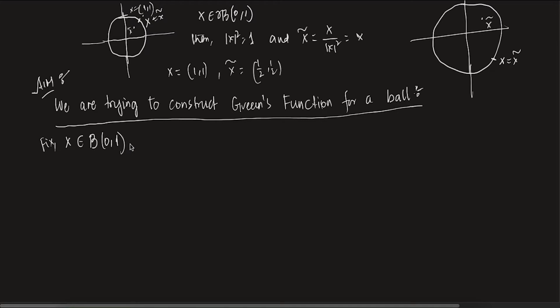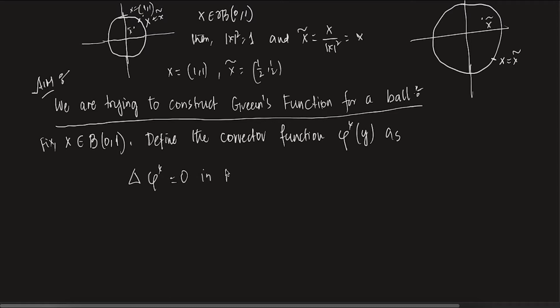Once I fix this, I define the corrector function for this fixed x, phi^x of y, as Laplacian of phi^x is 0 in B(0,1), and phi^x of y equals the fundamental solution Phi of y minus x.